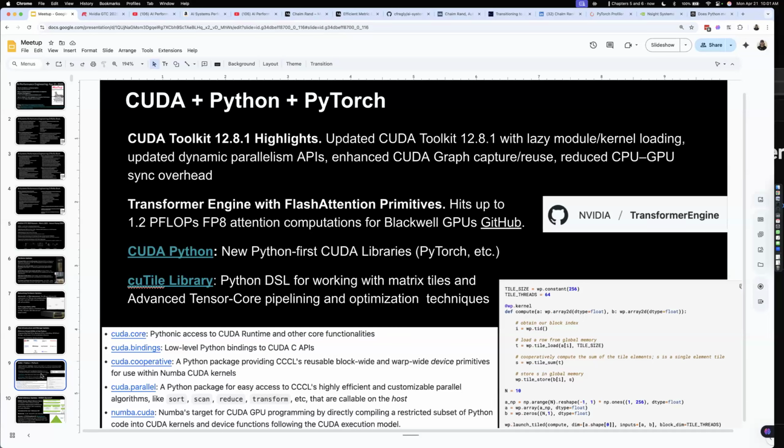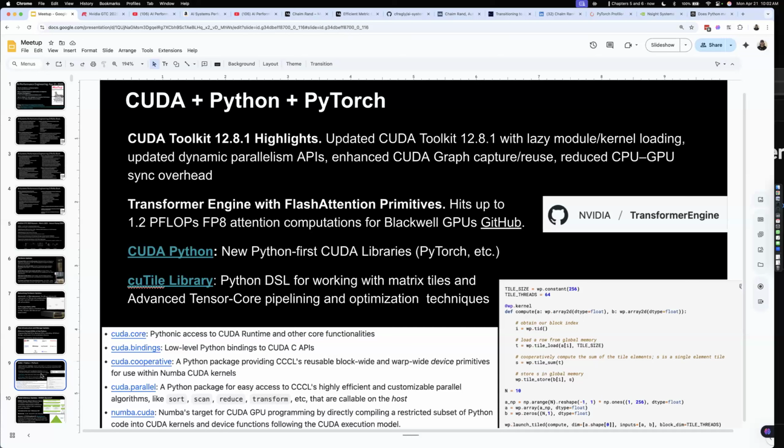The Python version is just a convenience for Python developers to access the C code without having to worry about those C details. So a similar thing is happening here. There's a whole CUDA Python ecosystem that's now going into the CUDA toolkit.